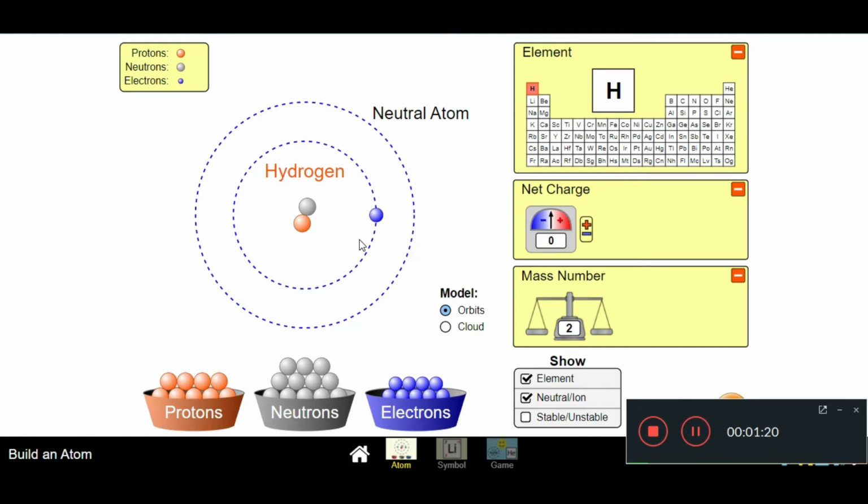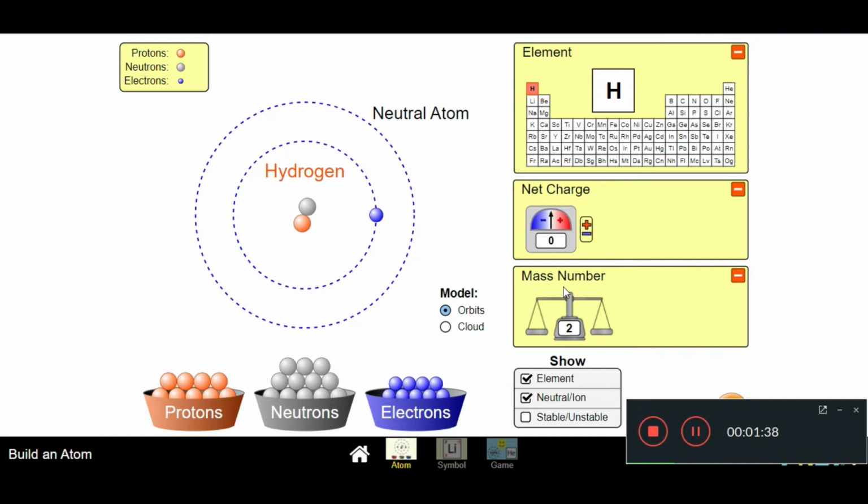This is an atom of hydrogen, and you can see in the periodic table the position is here, and this is the symbol of the element. The net charge equals 0, and then the mass number is 2.